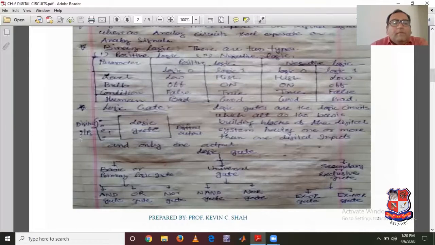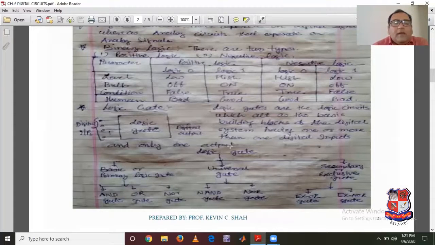Only binary inputs are used, that is digital inputs, and only one output is available, and that output is also a digital output. So logic gates are logic circuits which act as the basic building blocks of the digital system, having one or more digital inputs and only one output.